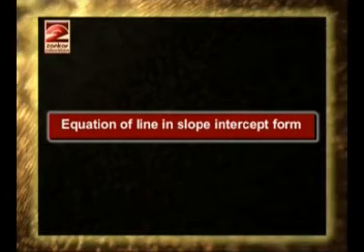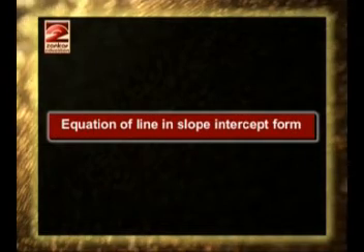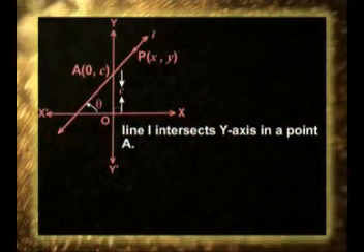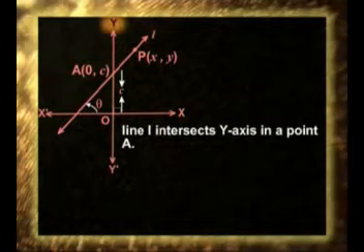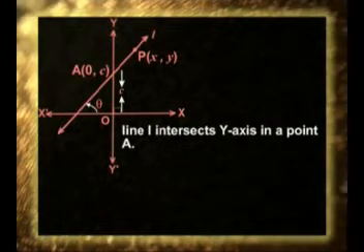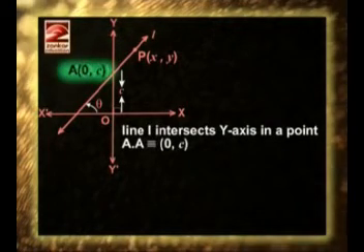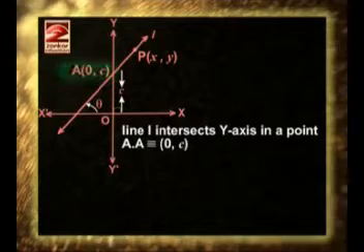Now, equation of a line in slope-intercept form. Here line L intersects the y-axis in a point A such that A is (0, c).